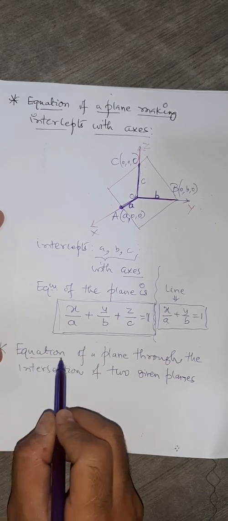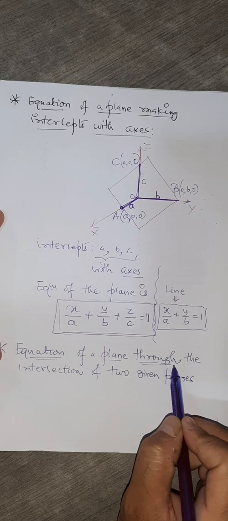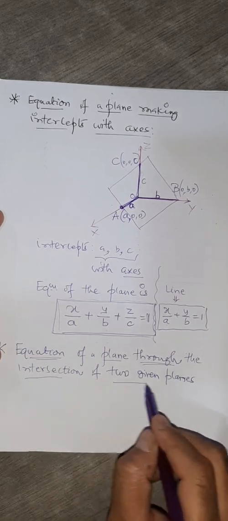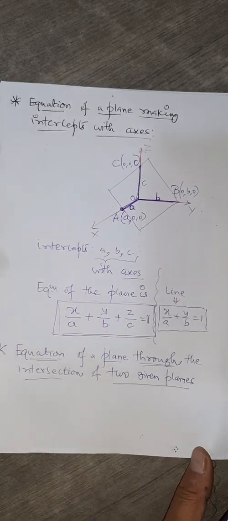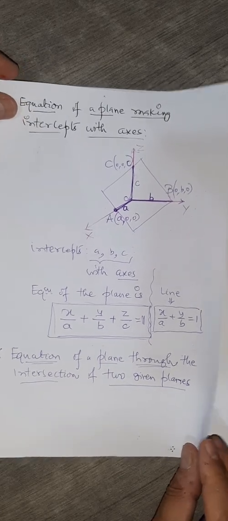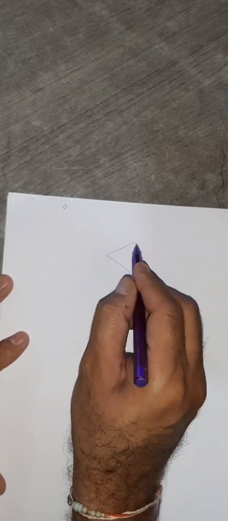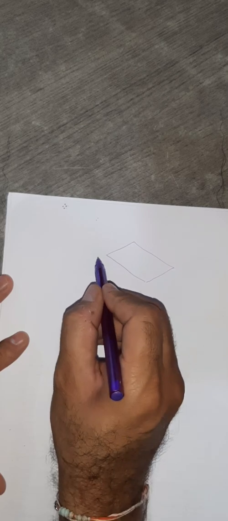We want to get the equation of a plane that passes through the intersection of the given two planes. So I'll consider two planes which are intersecting. Let me show you here. For example, this is one plane, let us call it pi 1.